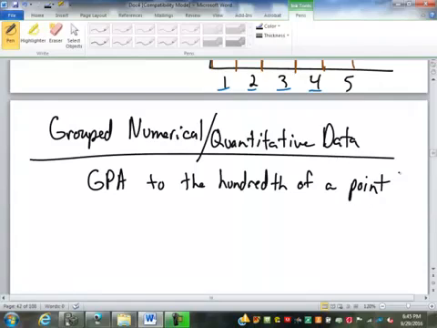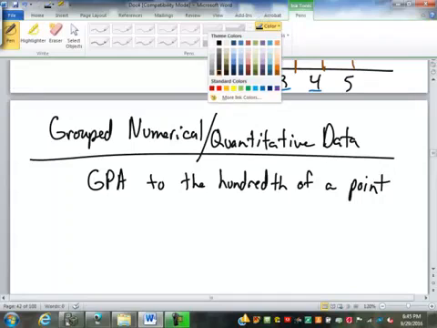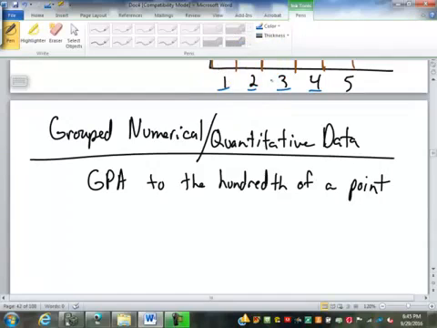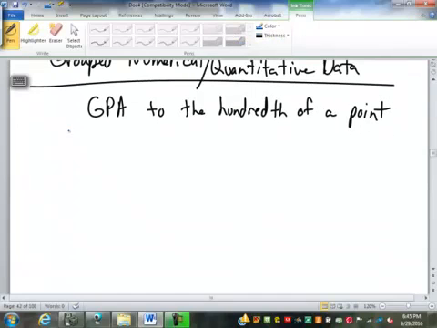There's a lot of different values in there. We cannot possibly list out each of those values separately. So we're going to group them. Those groups are sometimes called classes.